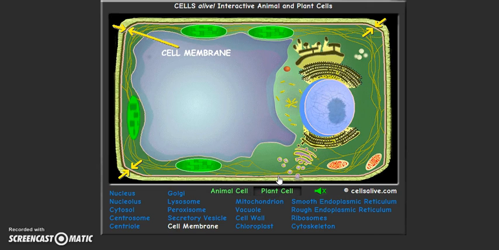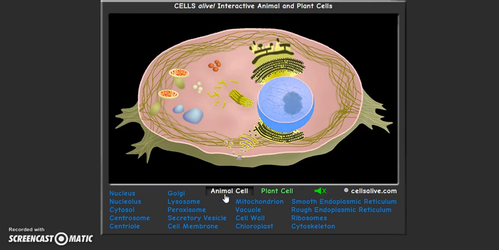Cell membranes allow things that are good to enter the cell, such as nutrients and water, and it also allows things like toxins or waste products to exit the cell at any time. Another thing that they have in common is our nucleus. This is where our genetic information is stored, our DNA.